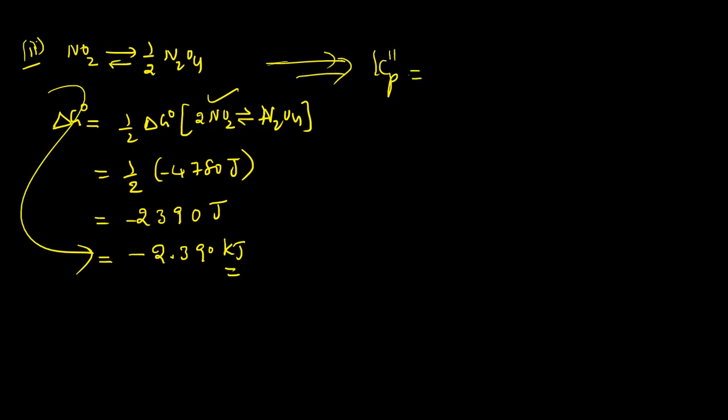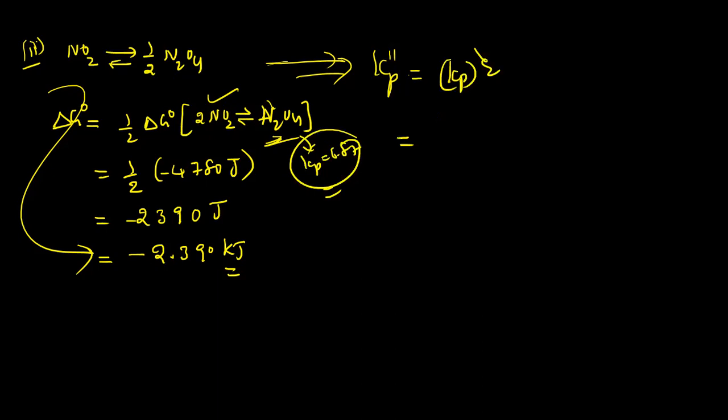For the first equation, we got the Kp value of 6.87. For the same equation with the coefficients changed, the Kp value will come with power 1 by 2.